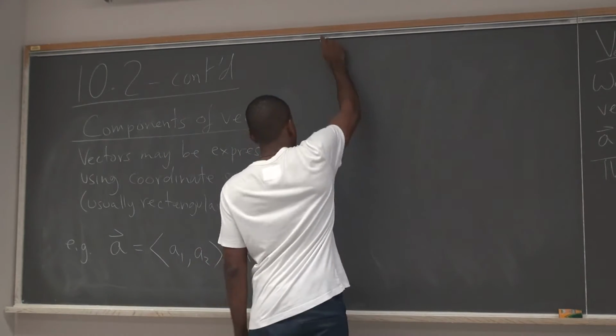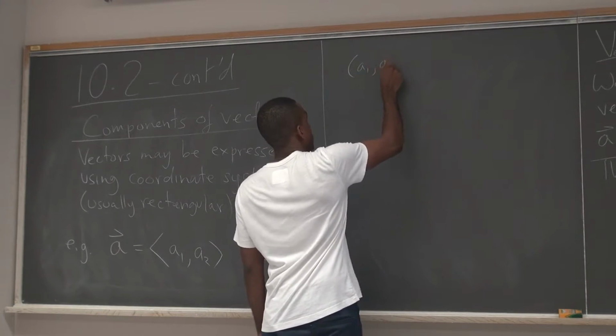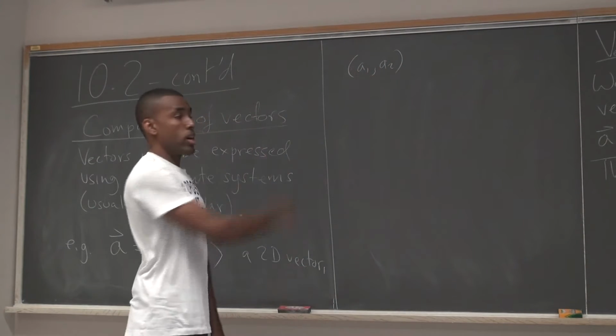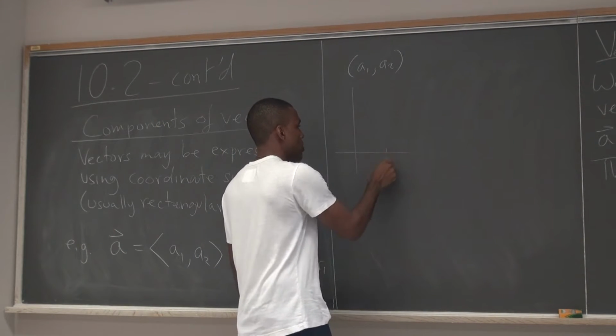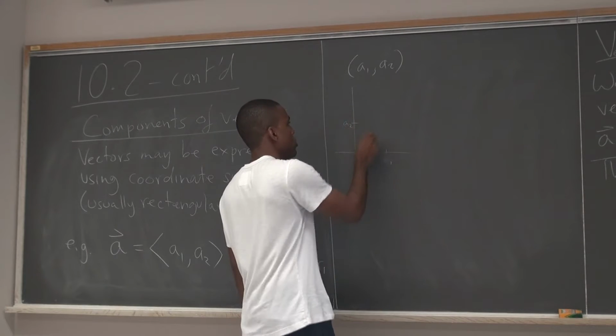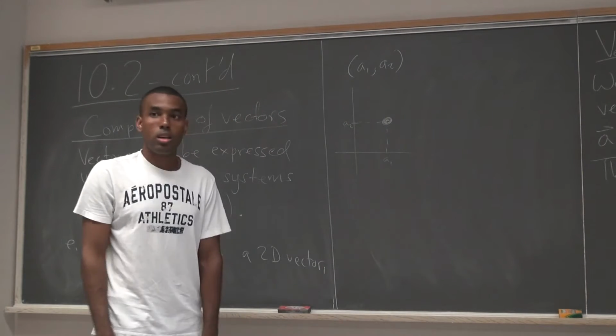The difference is, if I write down A1 comma A2 in regular parentheses, what am I actually saying? Well, it's the point, this is A1, that's A2. I'm plotting that point, and that's it.